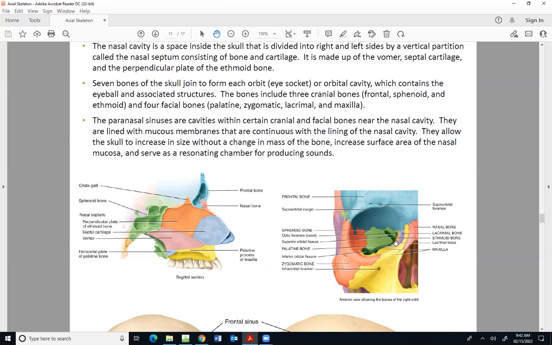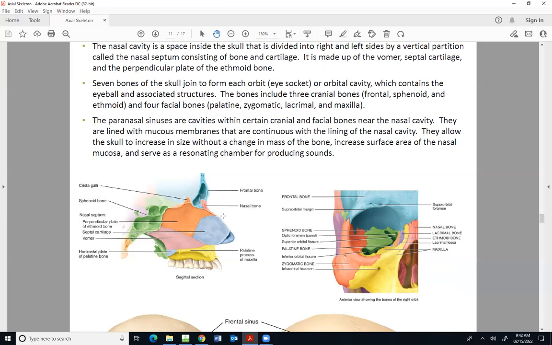And then in this kind of little orangish brownish color is the ethmoid. And then our 4 facials, your zygomatic, you can see here kind of that peach color, maxilla in yellow, and in purple we see the lacrimal. And then if you see a very tiny little bit of shade of blue there is a contribution from the palatine bone. Okay.